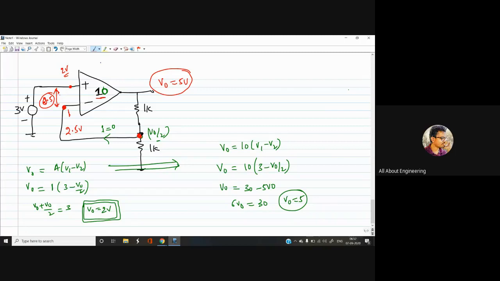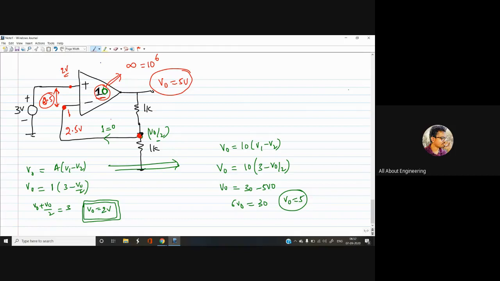And when the error between these two terminals reaches zero, that condition is called the virtual ground condition or virtual short condition. In general, for an op amp, this gain is very, very high, around infinite or around 10 power 6. Hence, for an operational amplifier in a negative feedback condition, we use the concept of virtual ground.